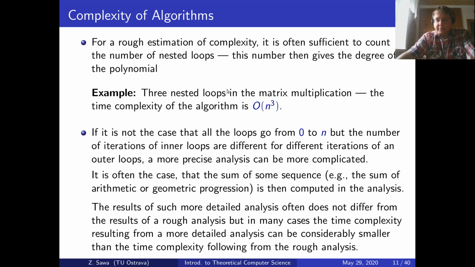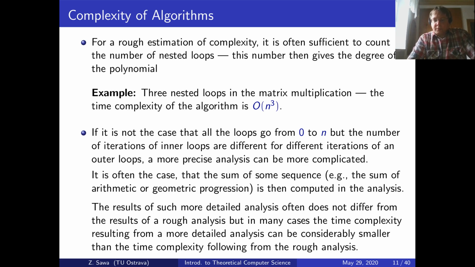When the number of iterations somehow depends on the input, or if it changes during the computation, and if it's not performed n times, we cannot just say that complexity is n to 3 or n to the number of nested loops.